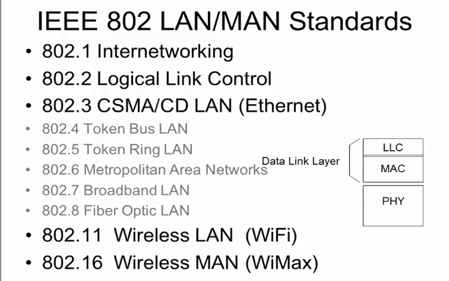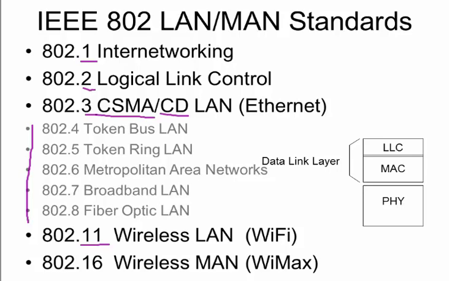So the standards for 802, the local area and metropolitan area network standards. 802.1 is your internetworking. 802.2 is our logical link control. 802.3 is the collision sense media access, collision domain standard. So communications, again touched on, these are all the standards for our physical layers.